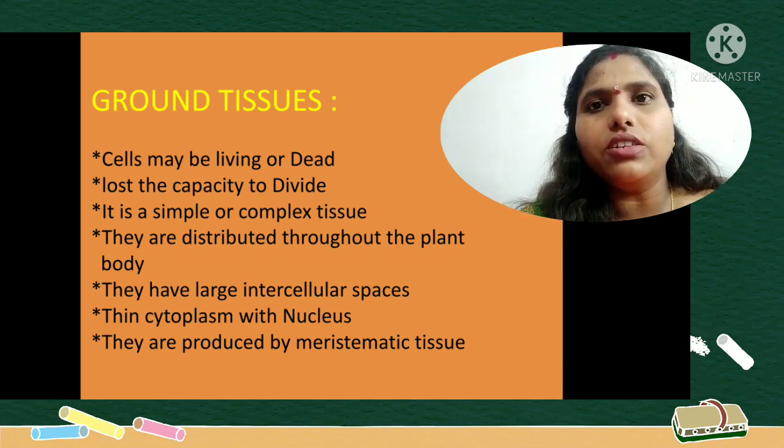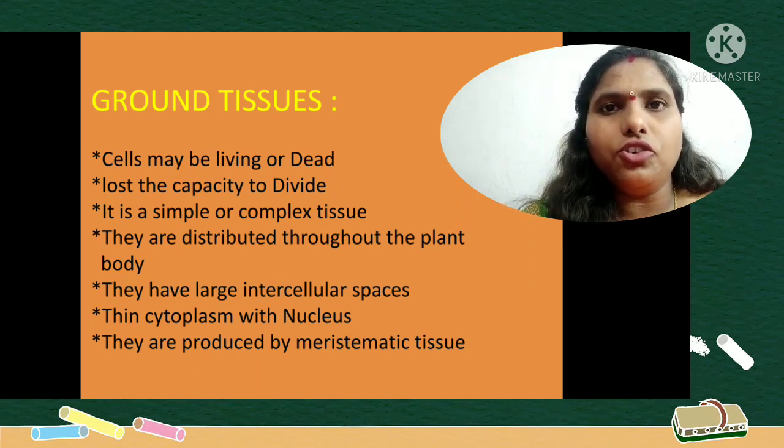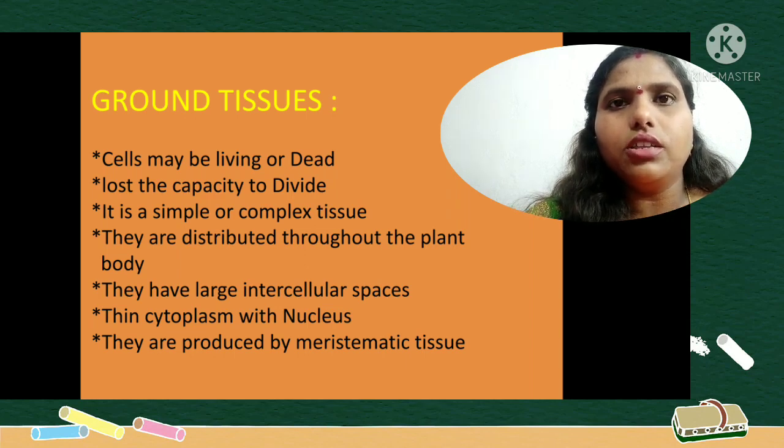They have large intercellular spaces, thin cytoplasm, and contain a nucleus also. They are produced mainly by meristematic tissue. Here this ground tissue is again differentiated into 3 types: parenchyma, collenchyma and sclerenchyma.